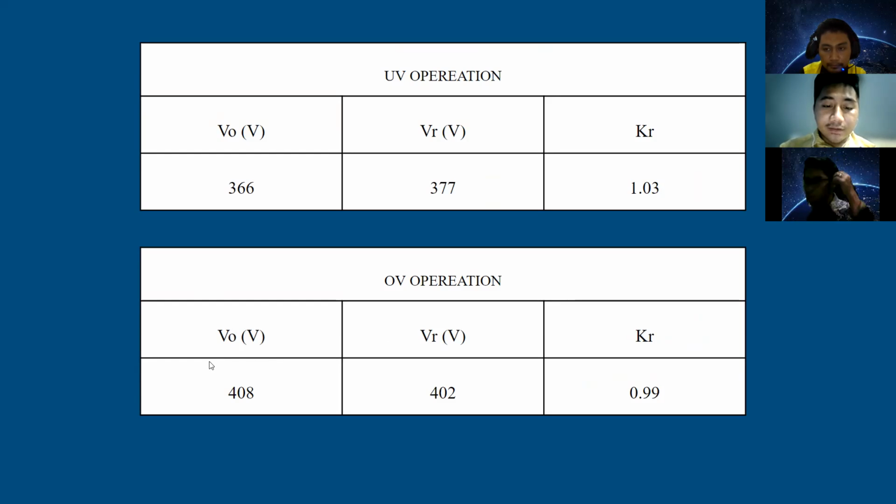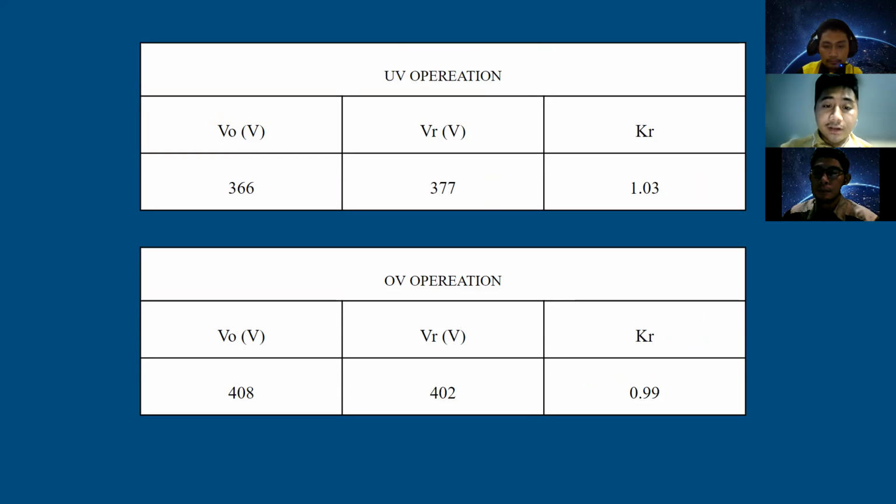The answer is 408. Then slowly decrease the voltage until the buzzer stops alarming. Then we take the result, which is VR, the relay voltage, 402. So the operation is quite similar, but the results we take are different.